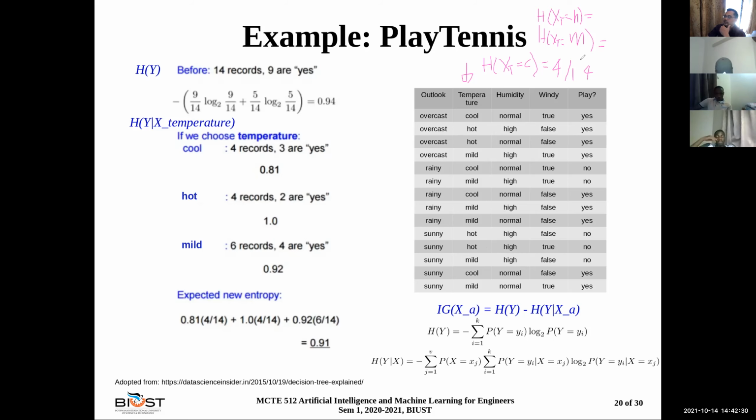I thought it's 5, okay, it's 4. 4 over 14. Then mild, 1, 2, 3, 4, 5, 6. 6 over 14. So everything is over 14. 6 plus 4 is 10, plus 4 is 14.